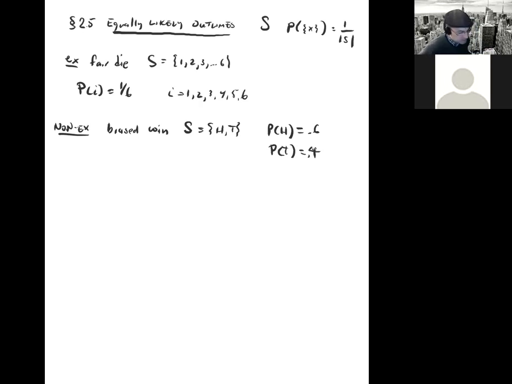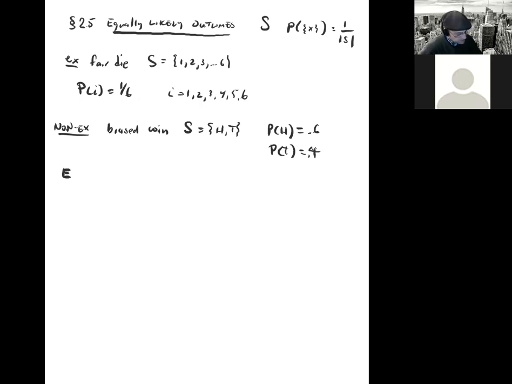I'm assuming the sample space is finite for this to even make sense. Now here's an observation. The probability of a single outcome is 1 over the number of elements in S.